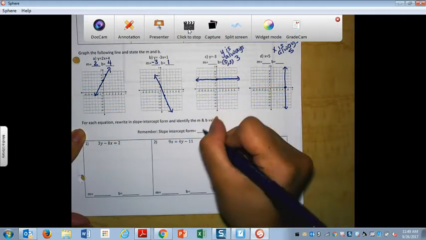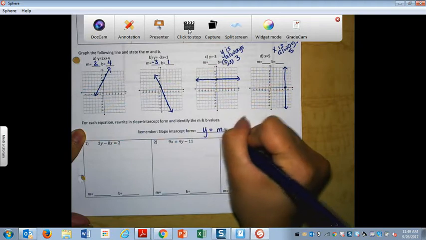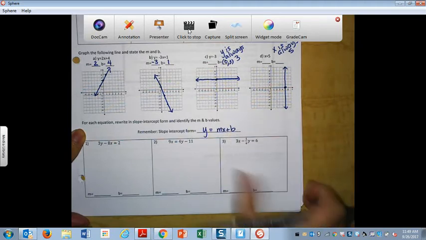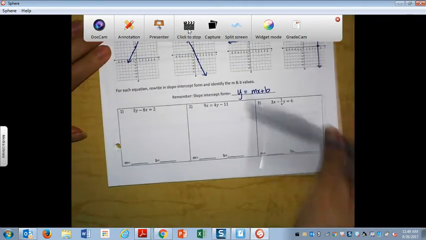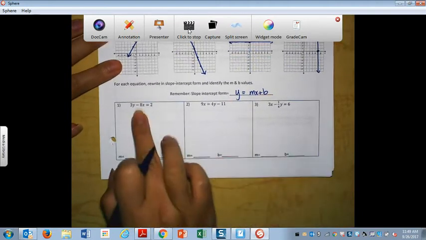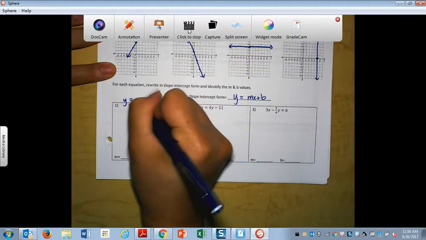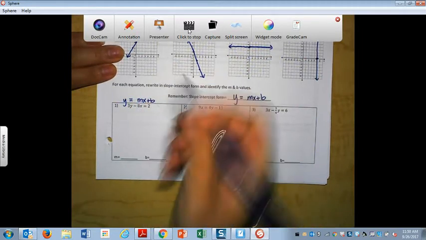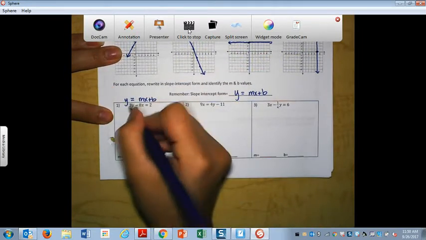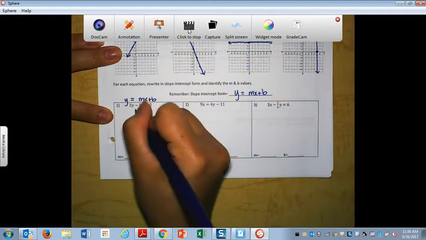Slope-intercept form is y equals mx plus b. Okay, so now you have this right here. You want to transfer it into y equals mx plus b. Okay, so you want the x with the b.